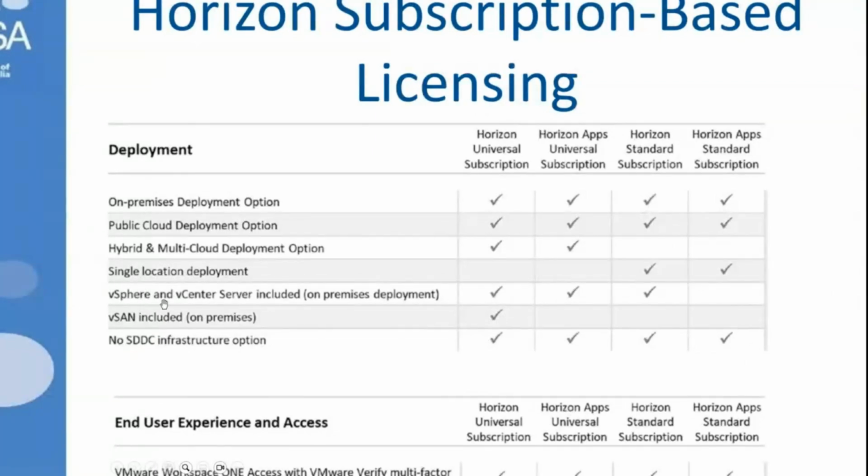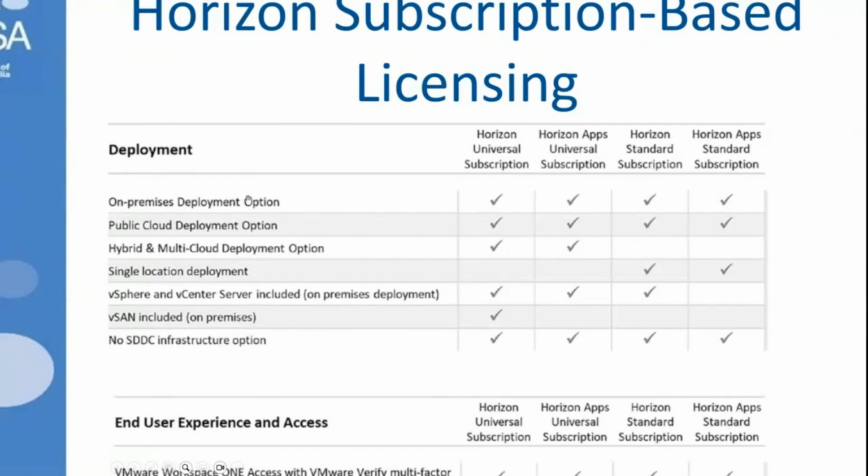And you can have a vSphere and vCenter license, which we obviously need for on-premise deployments. In the cloud, we don't need that, because we're not using our vCenters or vSphere, we're using what's in the cloud.